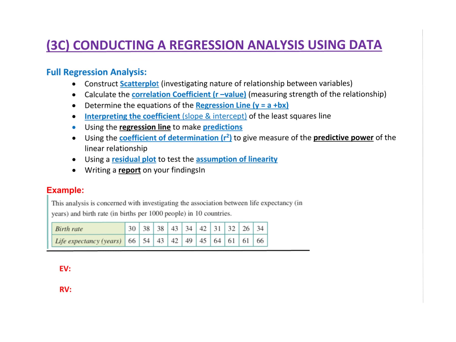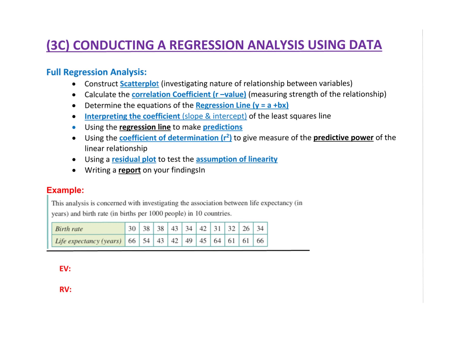So they measured the birth rate in 10 countries and also their life expectancy. So here they're thinking that if the birth rates increase, the life expectancy may change. So here it's important to work out at the start which is your explanatory variable and which is your response, because it will make a difference with everything.